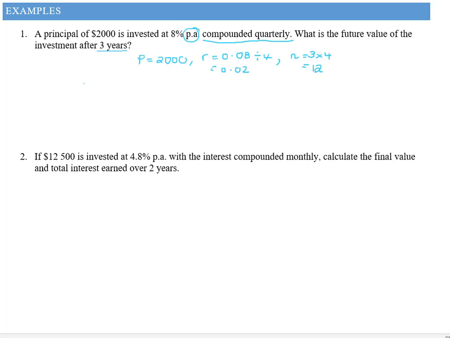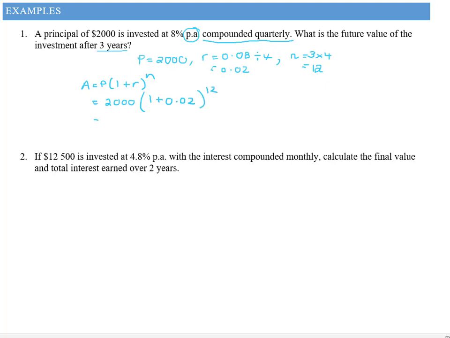Now I can use my formula, A equals P (1 plus R) to the N, and I can just substitute my numbers in, because everything is in the same units. My rate is per quarter, my time periods are per quarter, and so I can just substitute those numbers in.